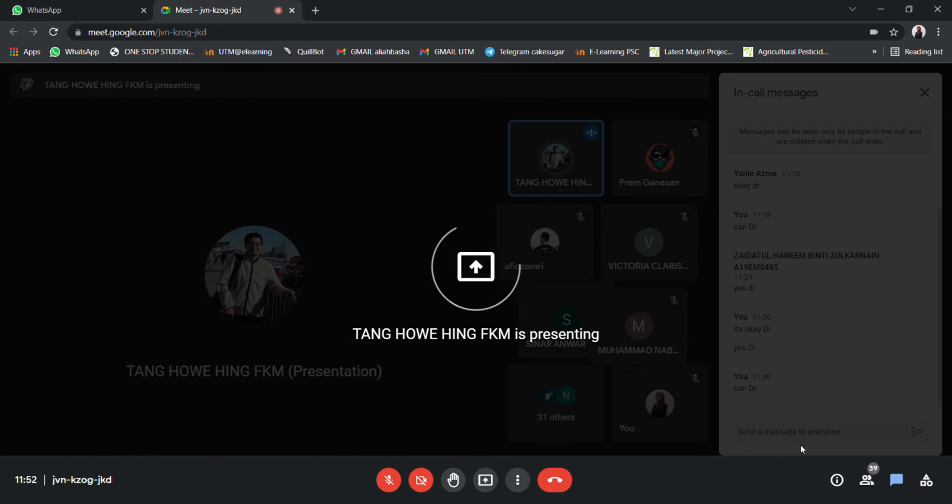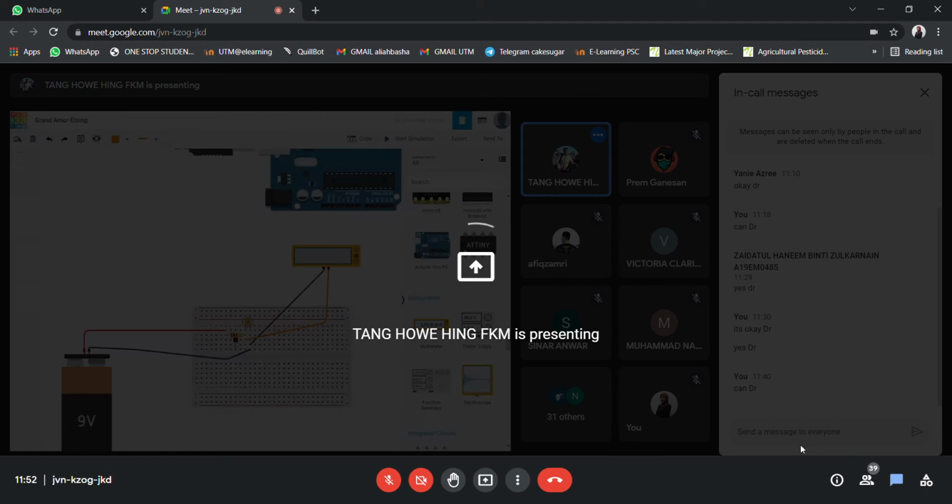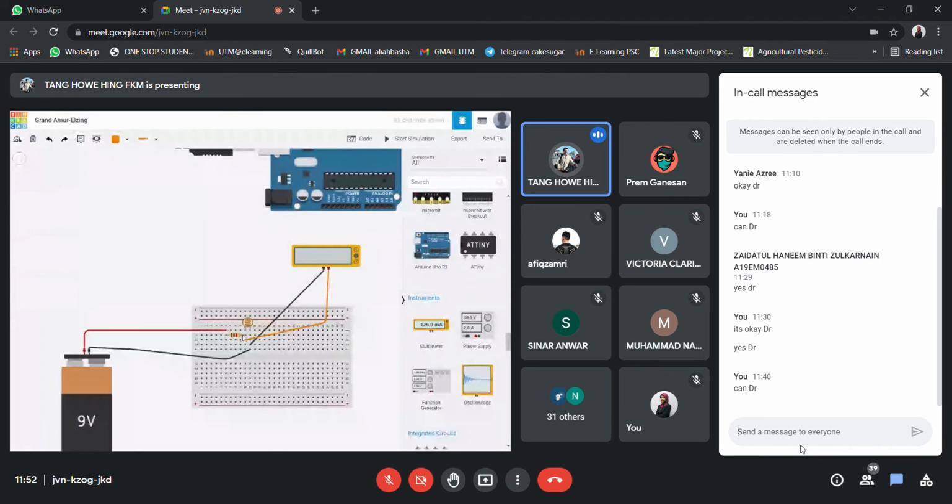So you can see that right now over here, I have one resistor, and this resistor is one, and then this is the photodiode resistor. This is also another resistor. So we have two connected in series, and the connection between the first and the second resistors is the voltage output.